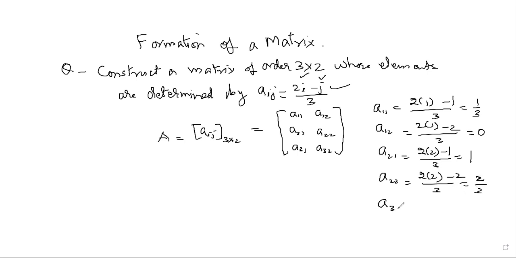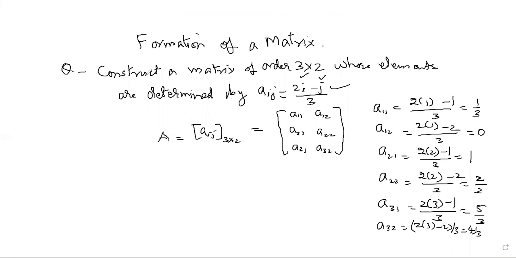And A31, 2 into 3 minus 1 by 3. So 2 3s are 6, minus 1, 5 by 3. Similarly, A32 will be equal to 2 into 3 minus 2 by 3. So 2 3s are 6, 6 minus 2, 4 by 3. A31, A32, okay, finished. Now you can substitute the values here.